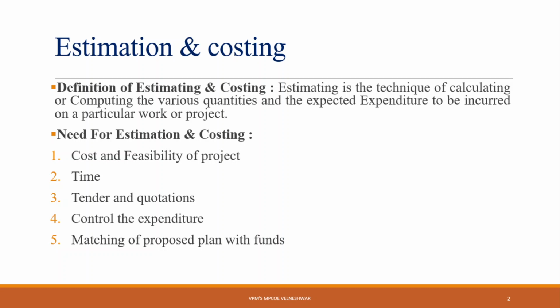We will divide the work into parts and reduce it, or alter the specifications. Suppose you have 20 lakhs in your hand and the estimation amount is 40 lakhs. Then what will we do? We will do the work in parts.